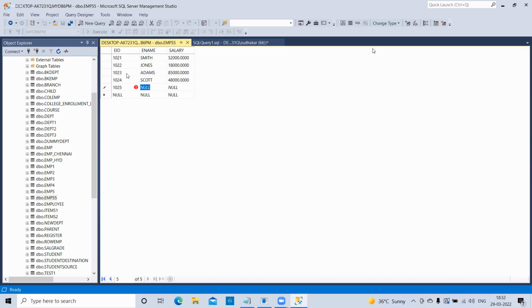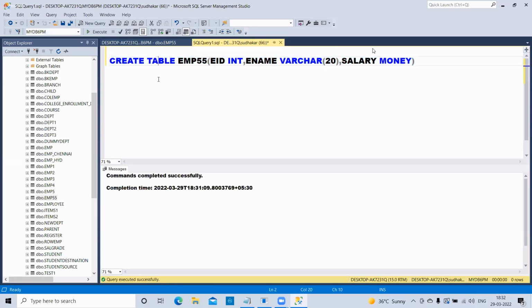And 1025, the name is Miller, his salary was 85,000 rupees. 1026, the name is Ward, and the salary was, for example, 27,000 rupees. So this is the sample table I designed, guys, with some values.